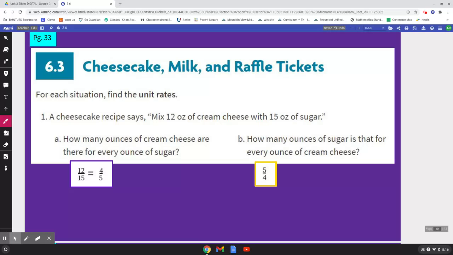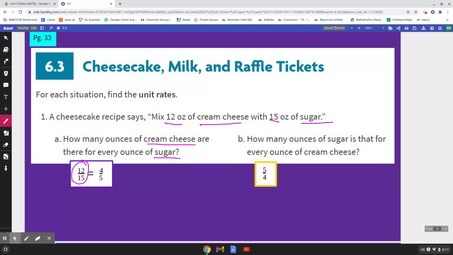So we're doing this one here. Number 1. A cheesecake recipe mixes 12 ounces of cream cheese with 15 ounces of sugar. So you got 12 cream cheese, 15 sugar. That's the important parts. How many ounces of cream cheese are there for sugar? So I did 12 over 15, and I reduced it.